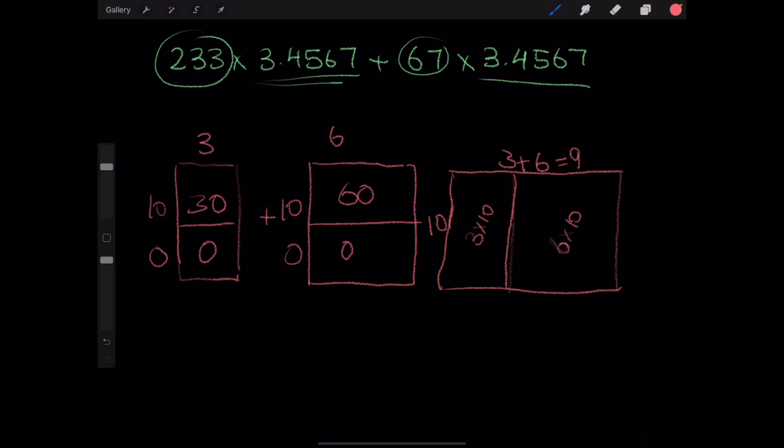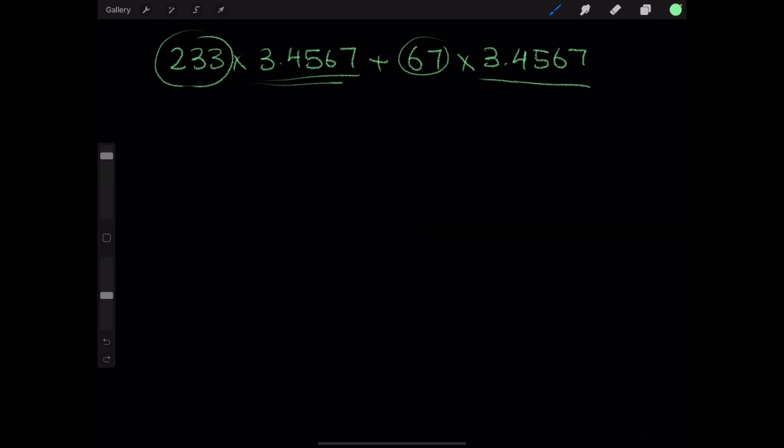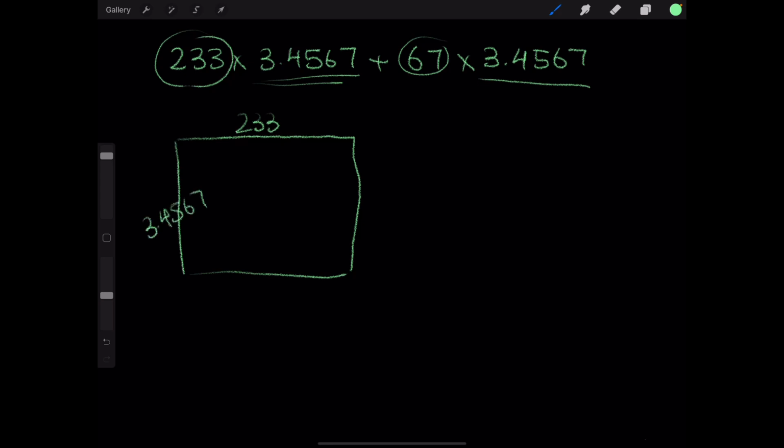All right, so let's go back to our question. In this case, let's do an area model for this question at the top here. And we've got 233, so let's draw that across the top. And this is 3.4567. So this area represents 233 times 3.4567.